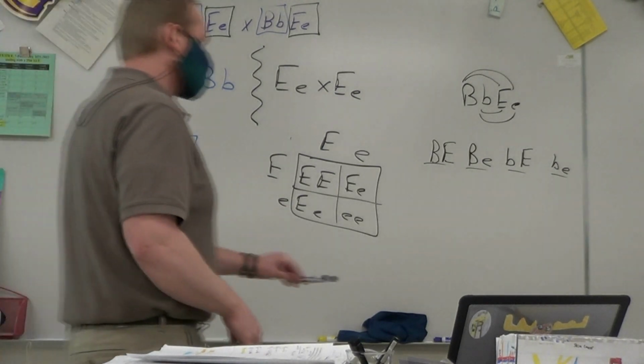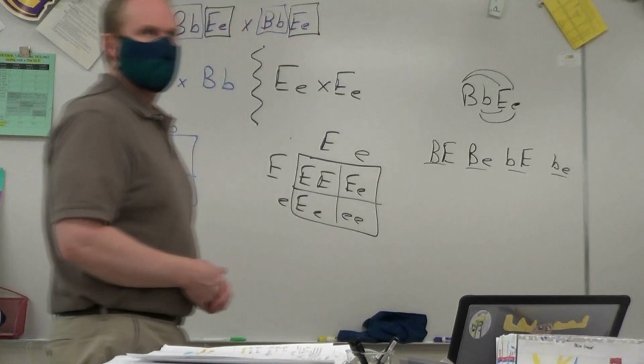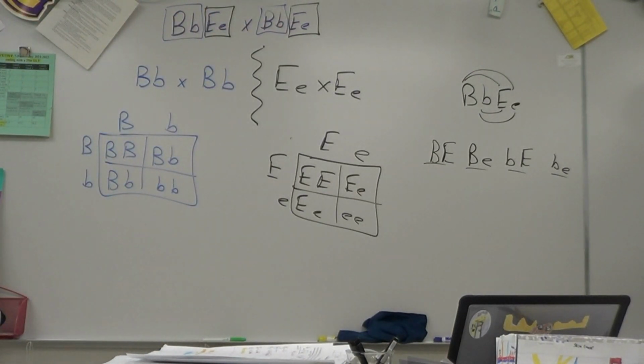And filling it in is nothing different than what we did here, except we put our B's together and we put our E's together. So we're going to have 4 letters in each box. Okay? So that's that idea. And then when we go through, there are 16 different outcomes, 4 by 4, 16 different outcomes that we could get here.